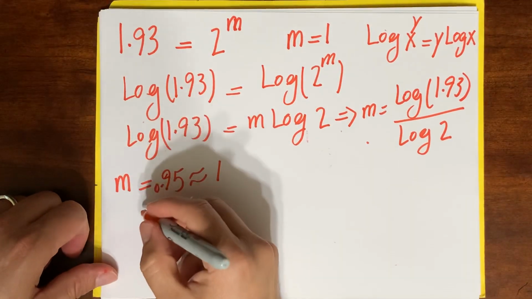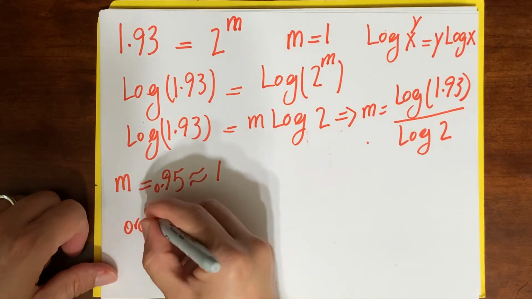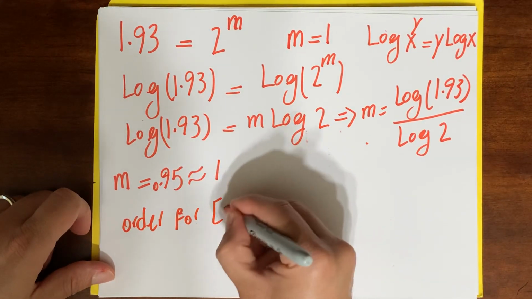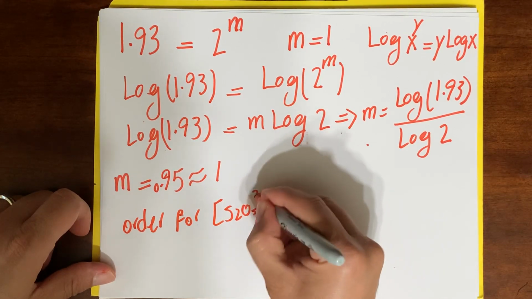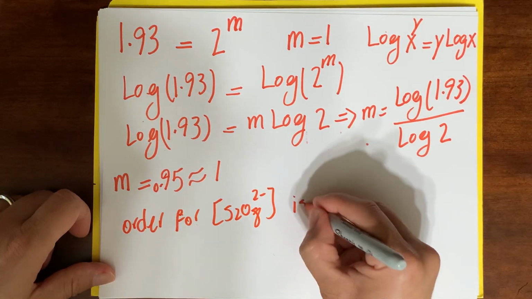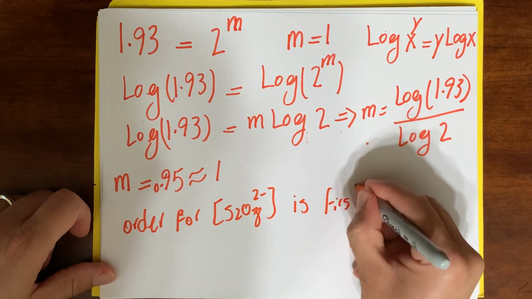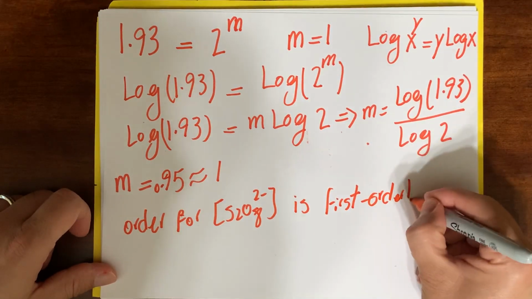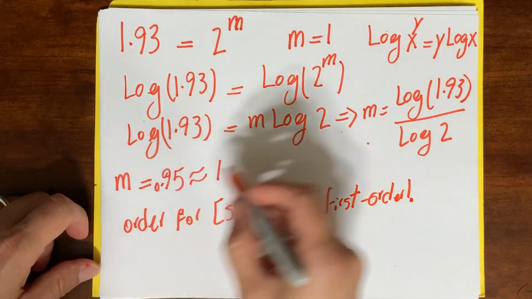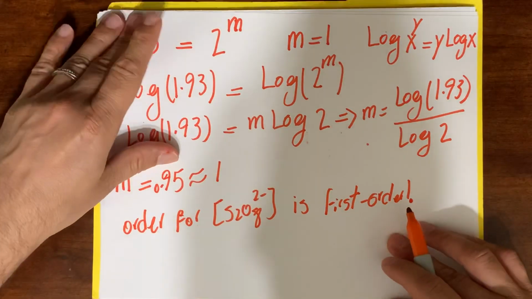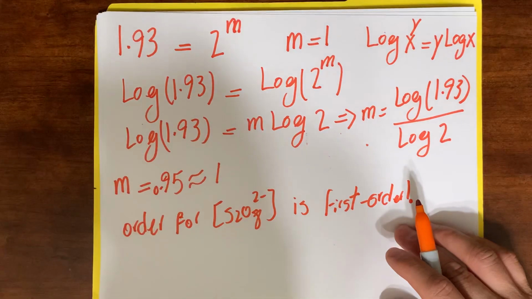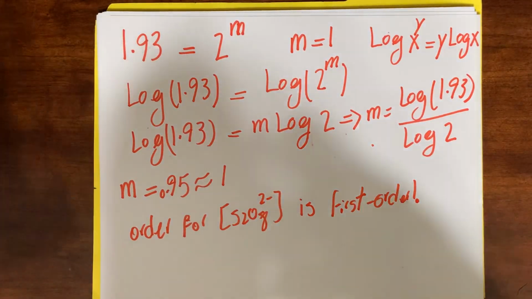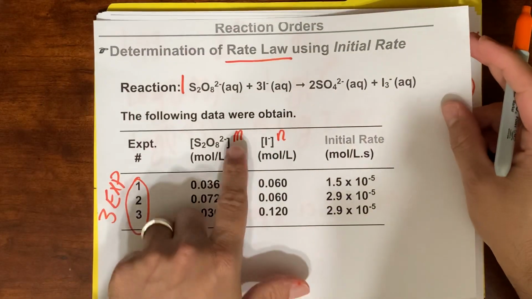So I'm going to say the order for S2O8 minus 2 is first order, because m is equal to 1. Now for the next one, you will eliminate S2O8 because we figured out what m is.